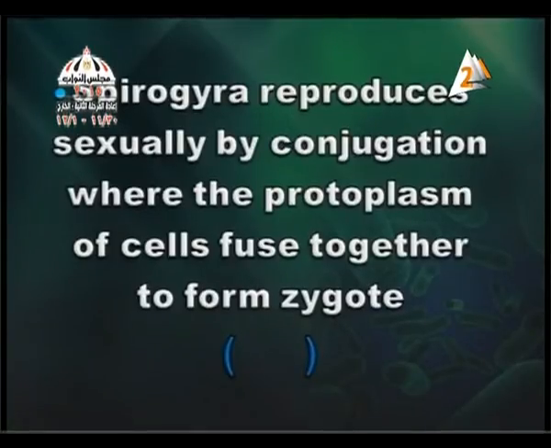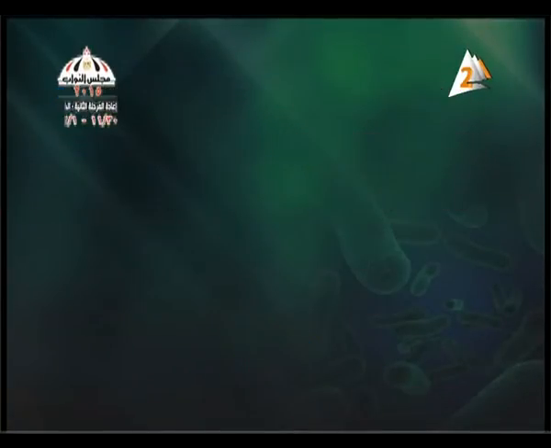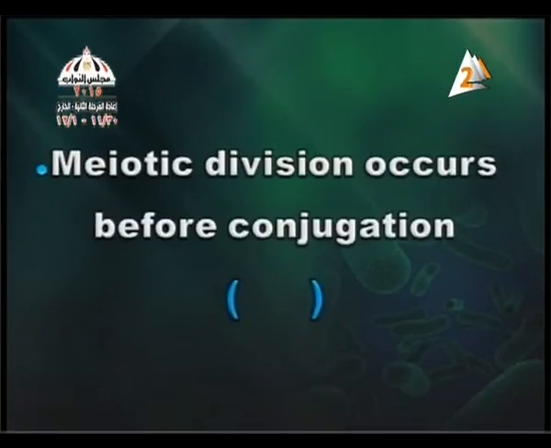Is that correct or incorrect? Let's think together. Good. Yes, that's correct. Next, meiotic division occurs before conjugation in Spirogyra. Is that right or wrong?